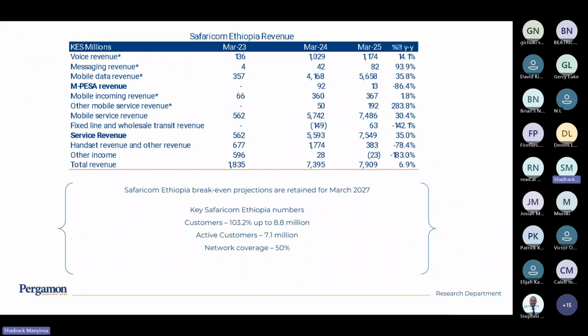As of March 2025, Safaricom recorded 103% growth in Safaricom Ethiopia subscriptions, up to 8.8 million subscribers. Out of these, those active are only 7.1 million. So far in terms of coverage, they have covered over 50% of the population, and set up over 3,000 sites across that country.